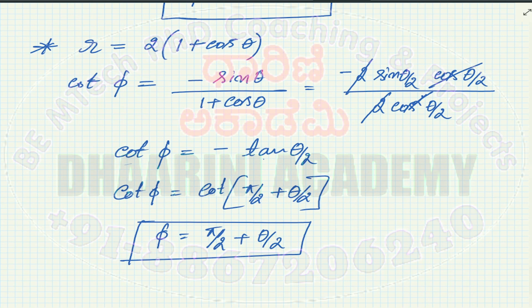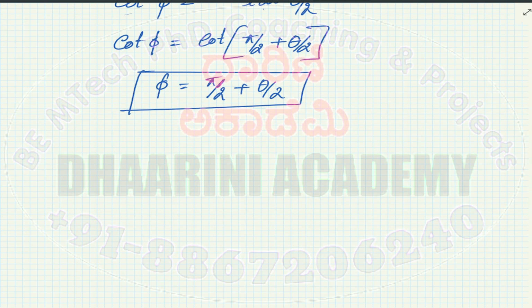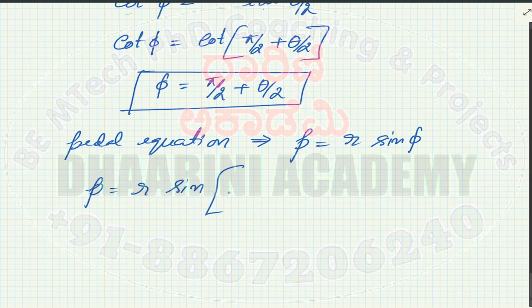Once this phi is calculated, our next intention is to put this into the pedal equation, correct? So let's start with the pedal equation, that is given by P is equal to R sine phi. So P is equal to R sine of phi, which is pi by 2 plus theta by 2.